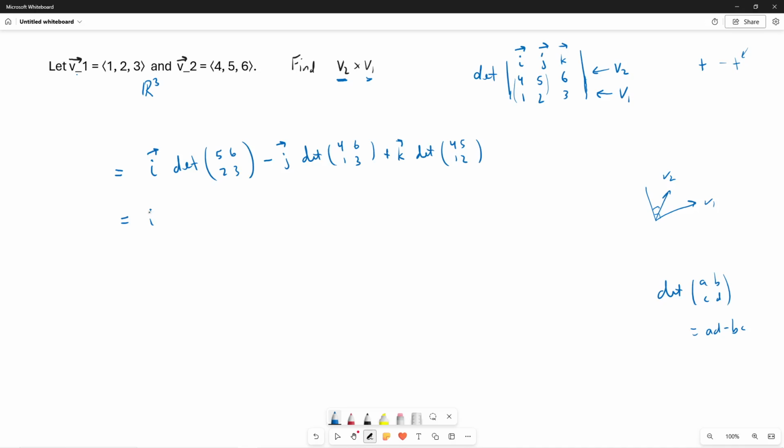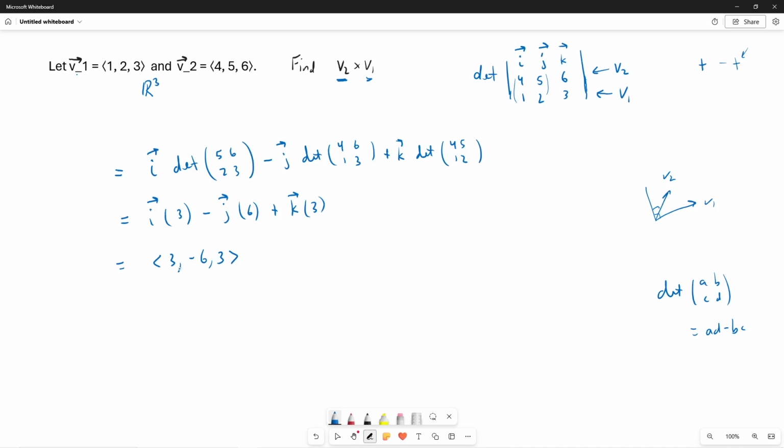So this is i times 15 minus 12, which is 3, and then minus j times 12 minus 6, which is 6, and then plus k times 8 minus 5, which is 3. So this is 3i minus 6j plus 3k. So 3, negative 6, 3 is our cross product.